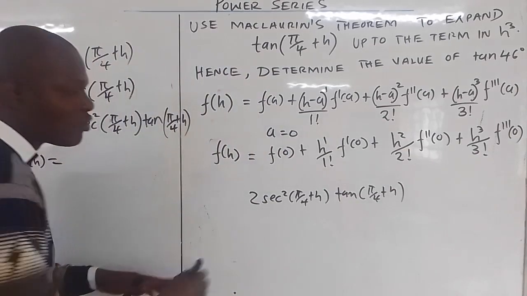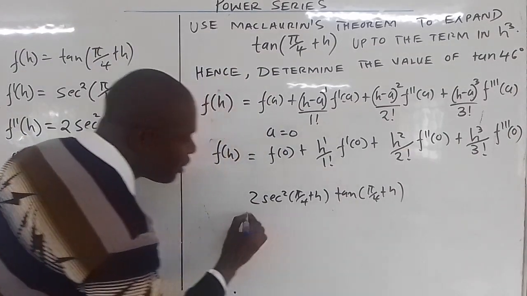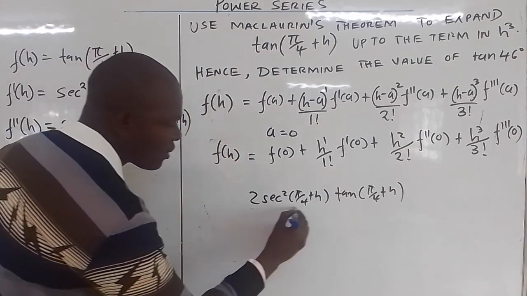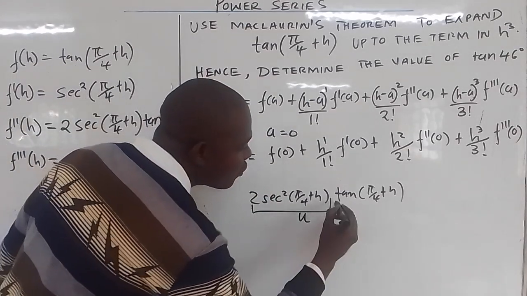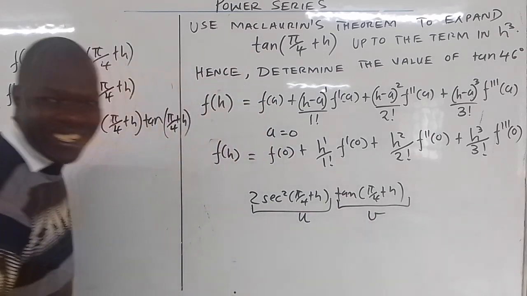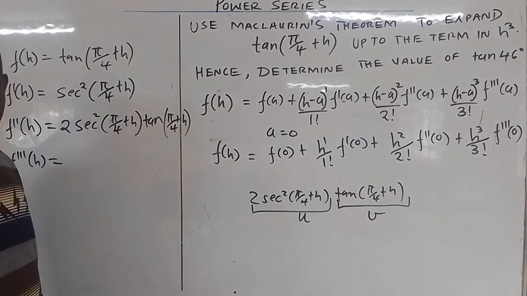So start your product rule. Let the whole of this first part be u and that part be v. Are we together?